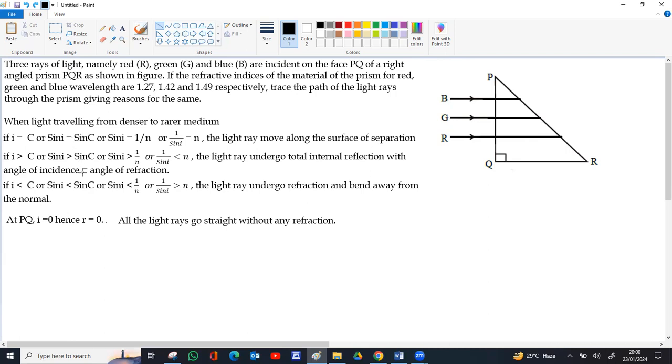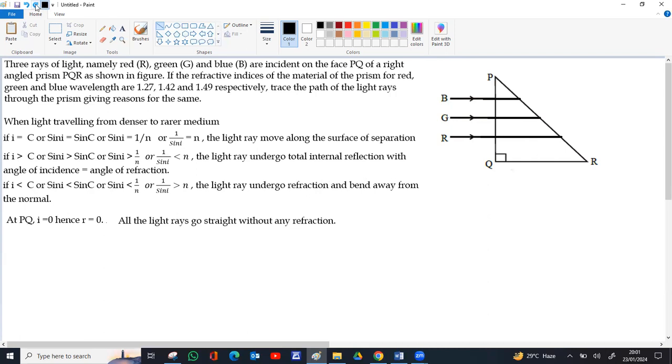So out of these three cases, one will happen because I is not 0 anyway. We have to check whether I equals C, I is greater than C, or I is less than C, or indirectly whether 1 by sin I equals n, or is less than n, or is greater than n. So I is needed.